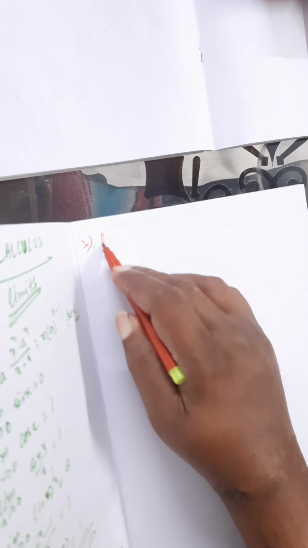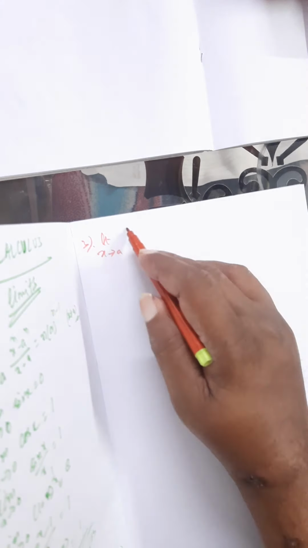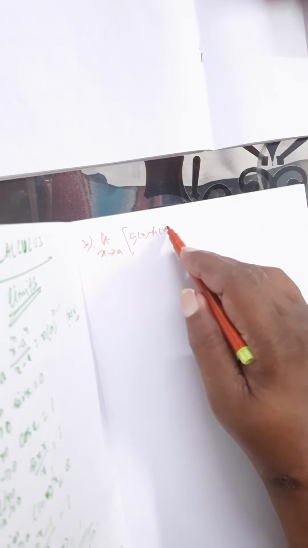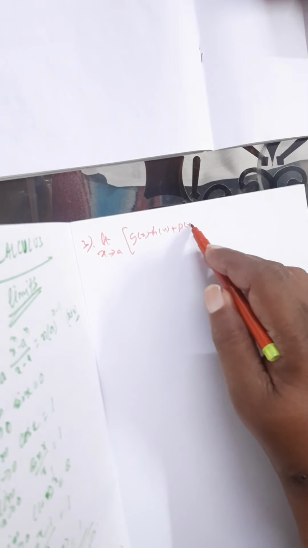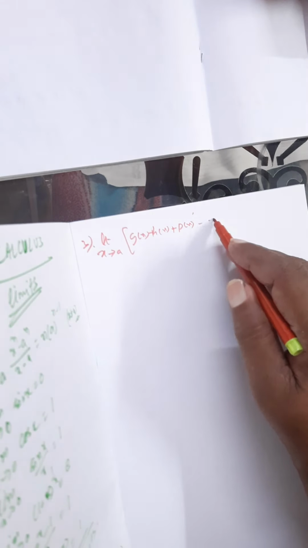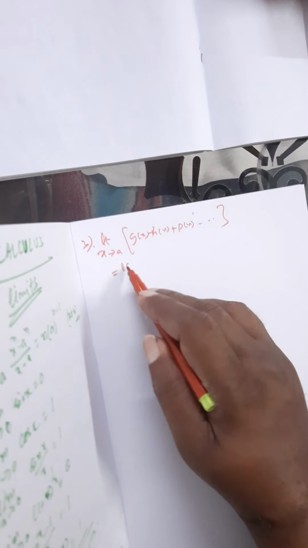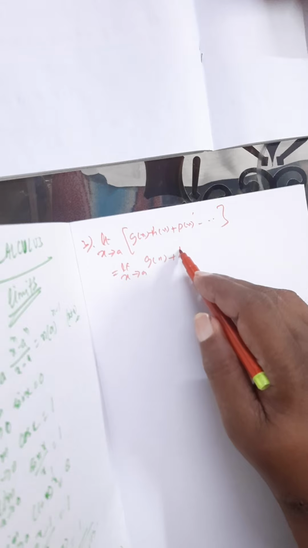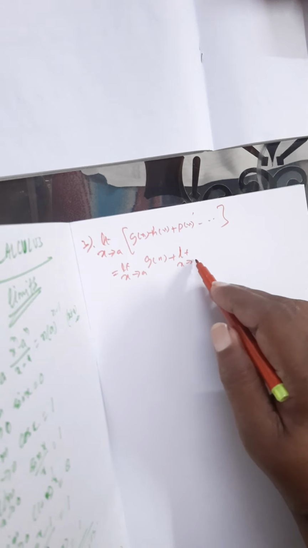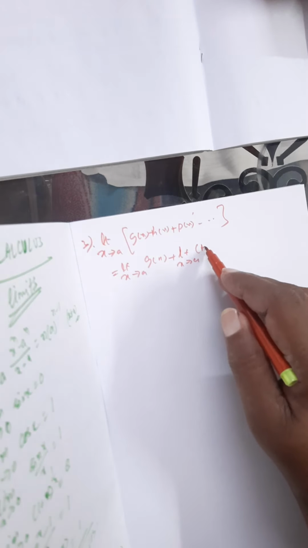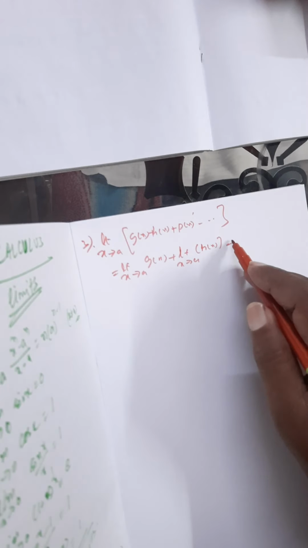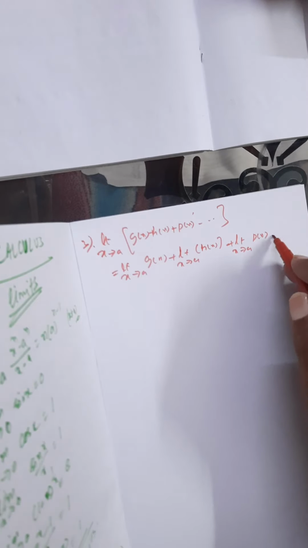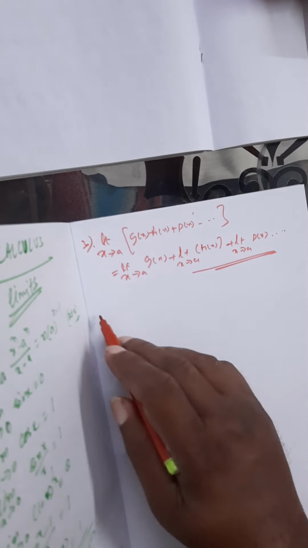Suppose limit x tends to a, there are 3 functions g(x) plus h(x) plus p(x). We can separate this. This is limit x tends to a of g(x), plus limit again applied to the other function h(x), plus limit x tends to a of p(x), like this we can go on.